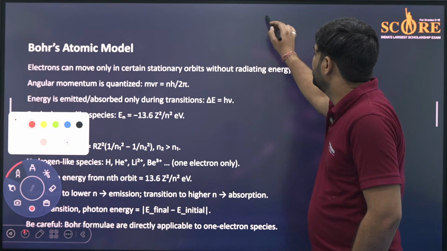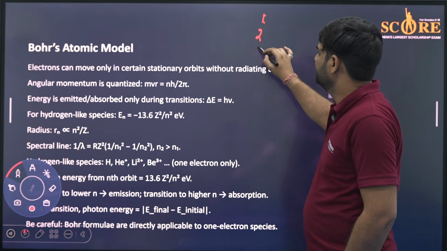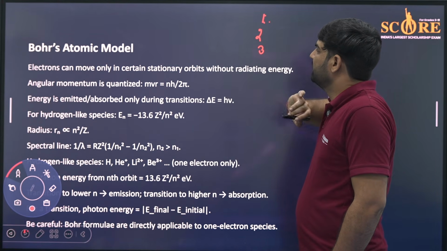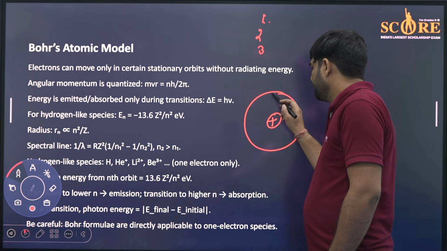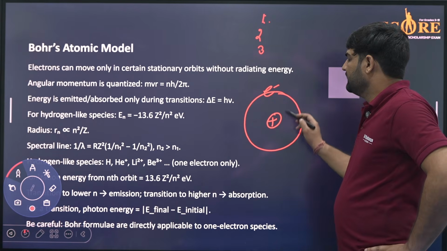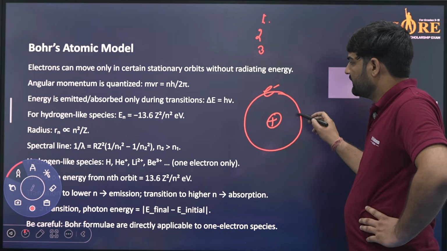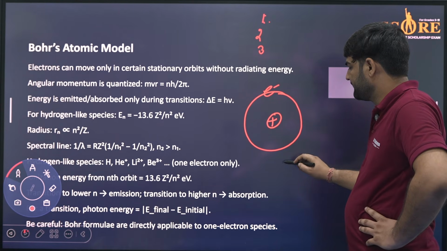Bohr told 3 points, point 1, point 2 and point 3. He told that an electron is revolving in a circular path.